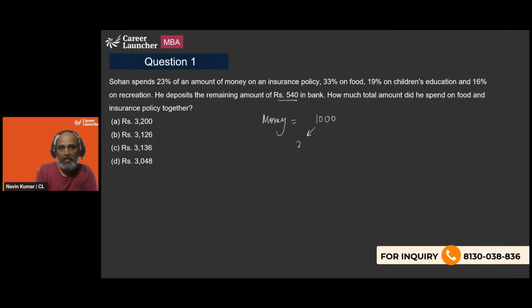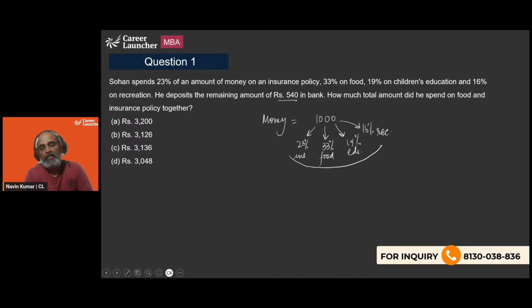So 23% goes on insurance policy, 33% goes on food, 19% goes on the children's education, 16% goes on recreation. If we add all of this, 23 plus 33 is 56, 56 plus 16 is 72, 72 plus 19 is 91.